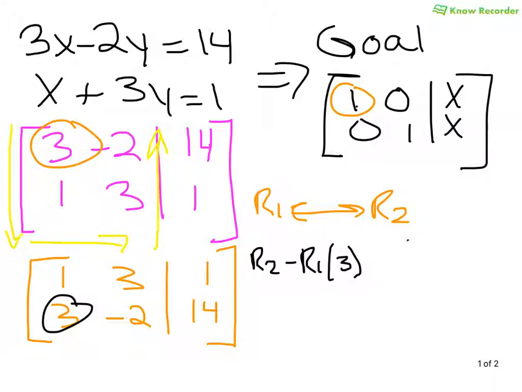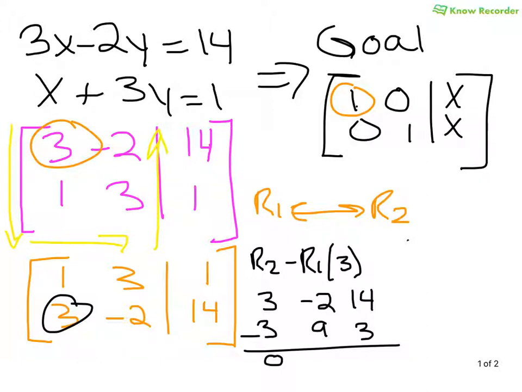That's actually pretty easy. So 1 times 3 is 3, 3 times 3 is 9, 3 times 1 is 3, and then our second row is 3, negative 2, 14, and we just want to subtract. Sorry, this one is actually wrong. This should be 3 times 1 is 3.